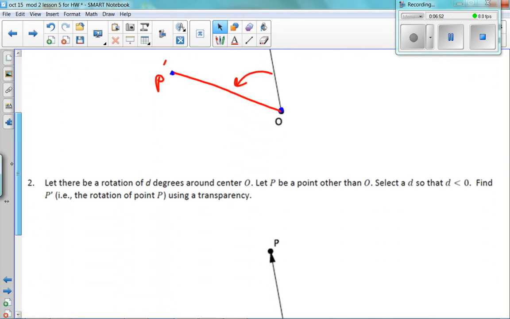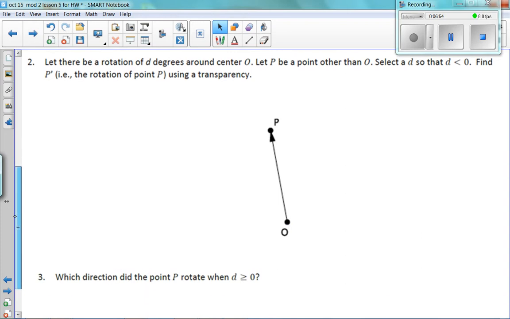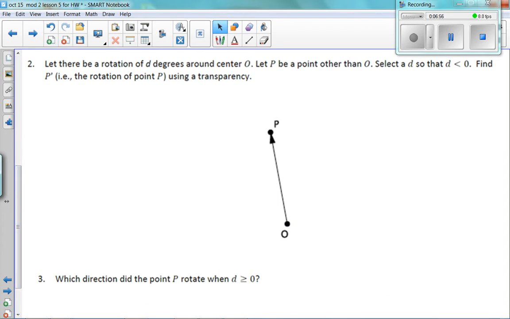The next question said, let there be a rotation of d degrees around center O, let P be a point other than O. Select a d so that d is less than 0. Find P prime, the rotation of point P, using a transparency. So again, we're going to mark O, we're going to mark P, but since we want the angle measure to be less than 0, we're going to move in a clockwise direction.